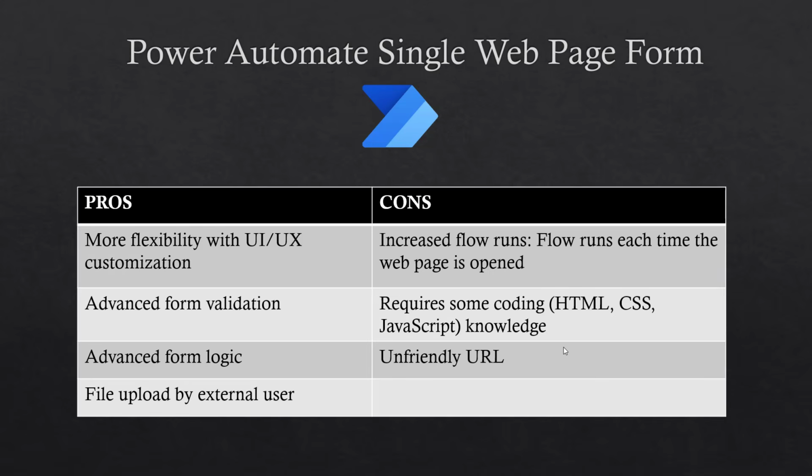The second one is that it also requires some knowledge of HTML, CSS, and JavaScript that you may need to write the code for the page that I just showed. But you could also use ChatGPT to write something and tell it to design some of the code.